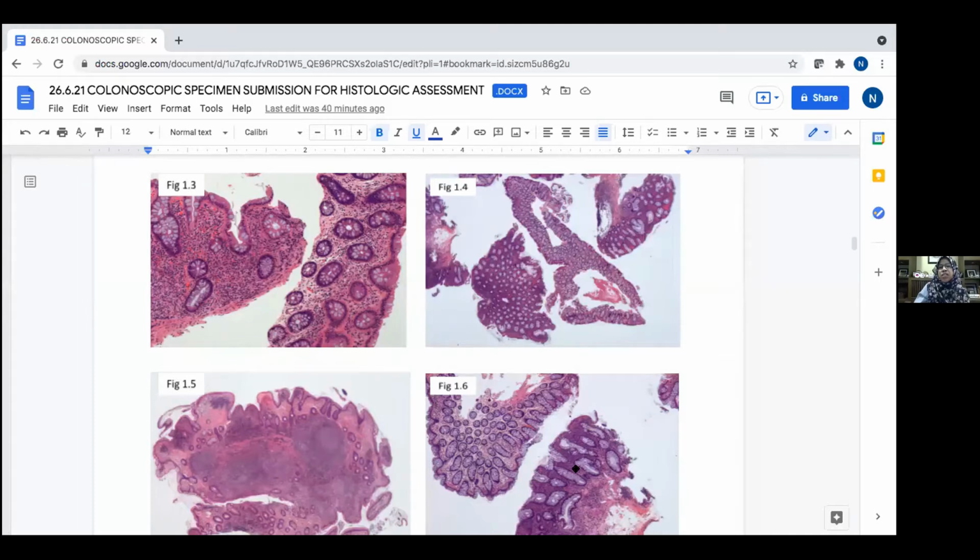See, this mucosa is very inflamed, with a significant increase in chronic inflammatory cells and architectural distortion. This fragment looks very normal. This one has a subtle increase in chronic inflammatory cells, and the next fragment actually looks very normal. So this is a mucosa in Crohn's disease where you see variation within the same fragment.